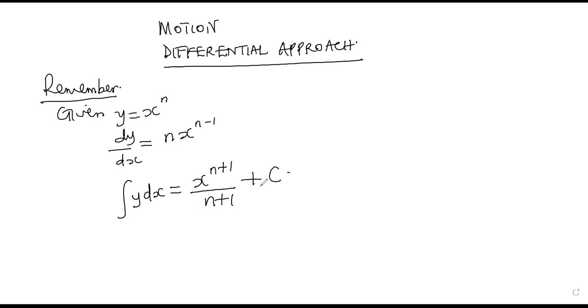Now, another thing that you need to remember, we are going to be using terms like distance, displacement, velocity, and acceleration. But by definition, you need to remember some of the concepts.